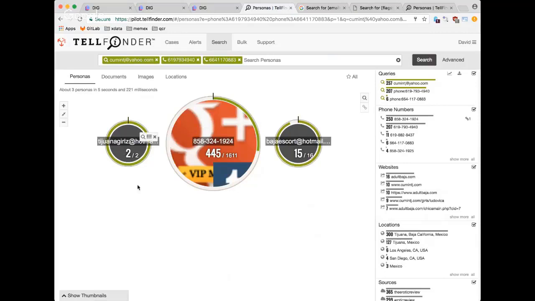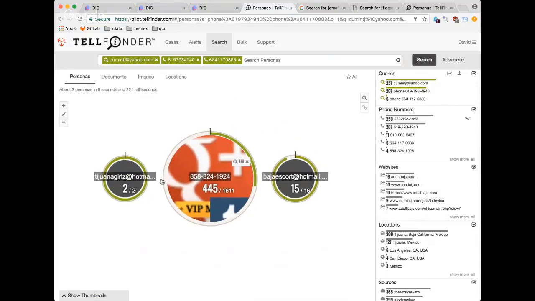What you're looking at here is a tool that we call Tellfinder, and it's designed to help law enforcement agents explore specific identifiers to find the set of all possible identifiers that might be associated with an email address or an initial lead.